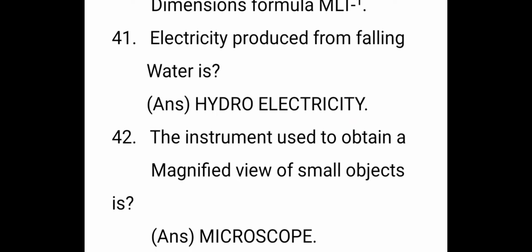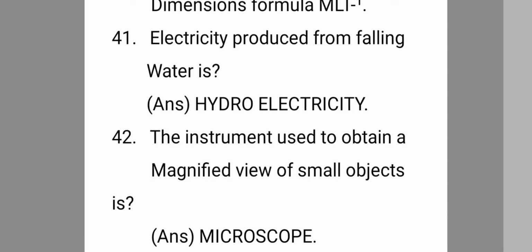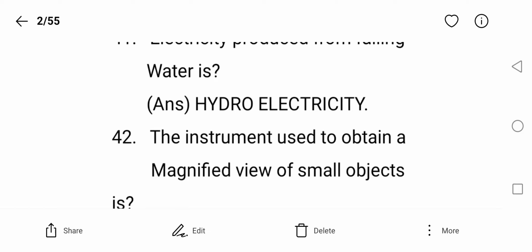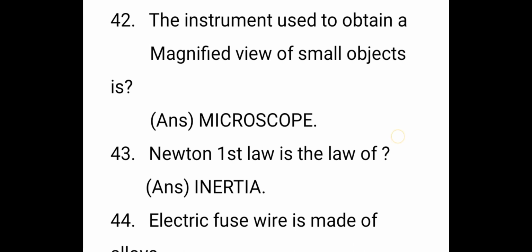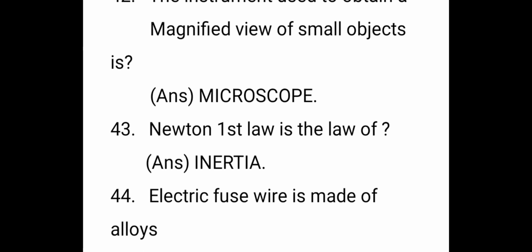Electricity produced from falling water is hydroelectricity. The next question, the instrument used to obtain a magnified view of small objects is the microscope. The microscope is an instrument that can be used to observe small objects, even cells.